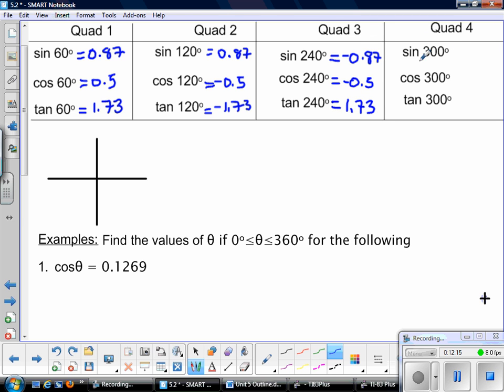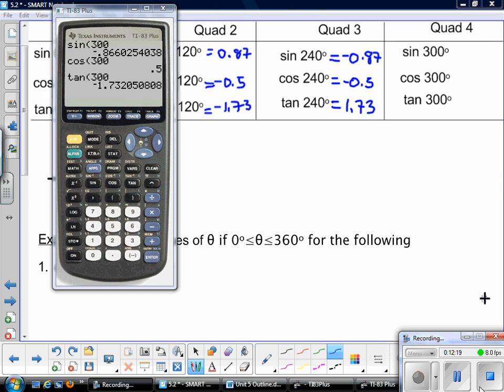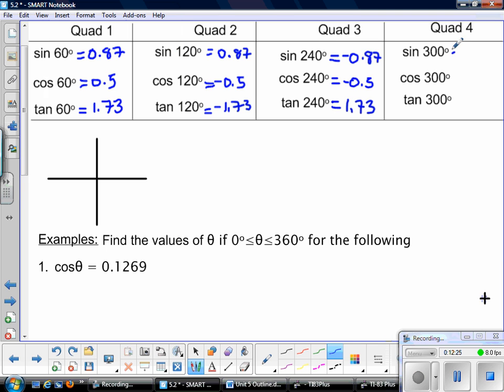And finally, we're going to do the last quadrant, quadrant 4. Again, you can see we have the same numbers, and different ones are positive and negative. So this time, this one is negative 0.87, this one was positive 0.5, and this one was negative 1.73.